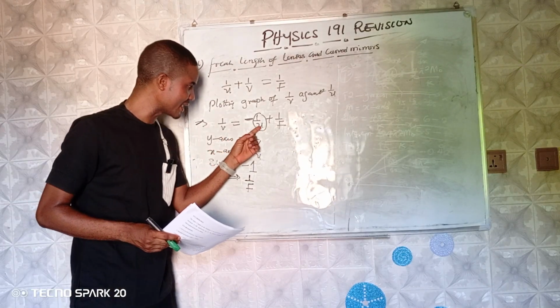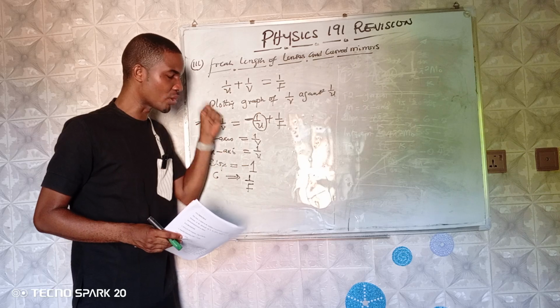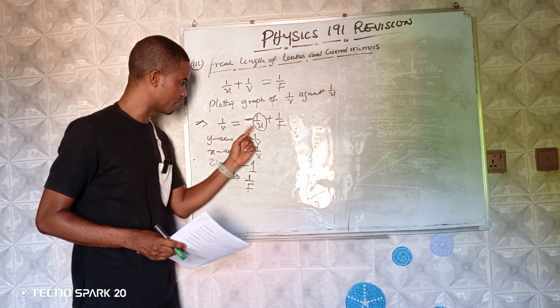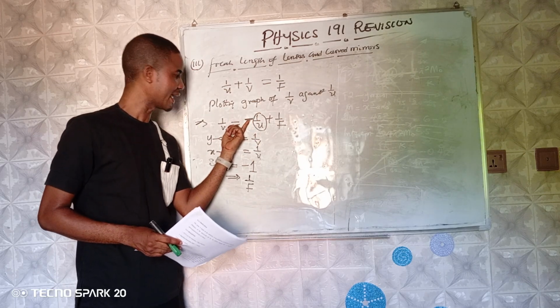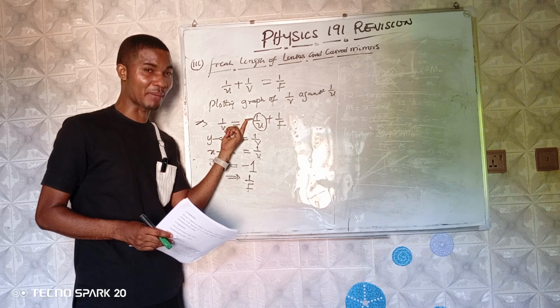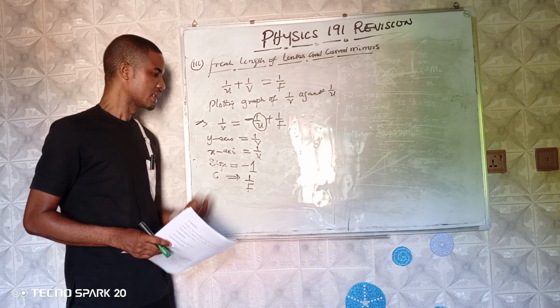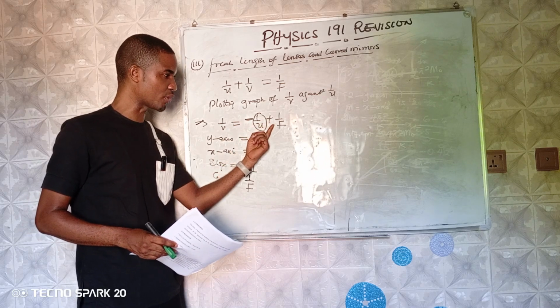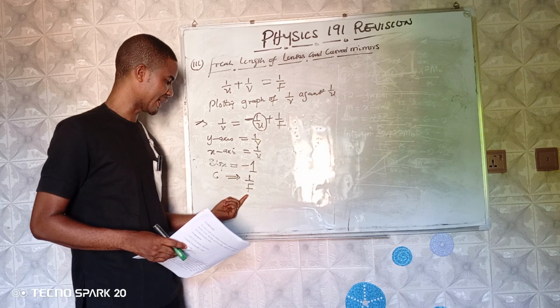This is my x. Anything attached to this x by virtue of multiplication is my slope. Only this minus is attached to it, and this minus is also called minus 1. Then anything attached by virtue of plus or minus gives me my intercept.